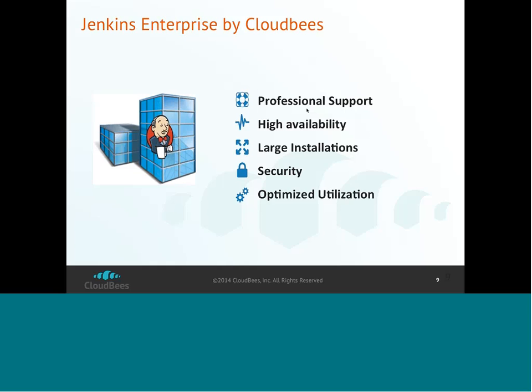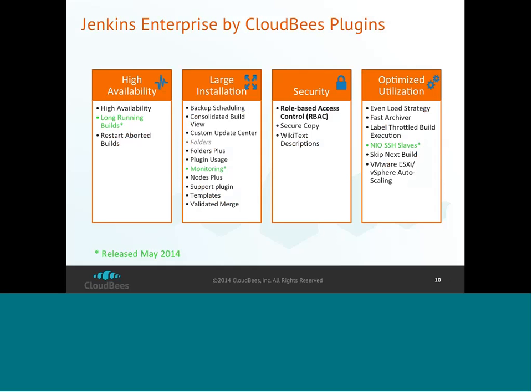This is the product we'll be mostly focusing on today, and it is comprised of plugins centered around enhancing open source Jenkins. These plugins fall into a few functionality buckets shown here. Plugins to create a highly available Jenkins master, plugins to enhance a large installation, as well as plugins to secure and optimize a Jenkins instance. The Role-Based Access Control plugin falls in the security bucket.